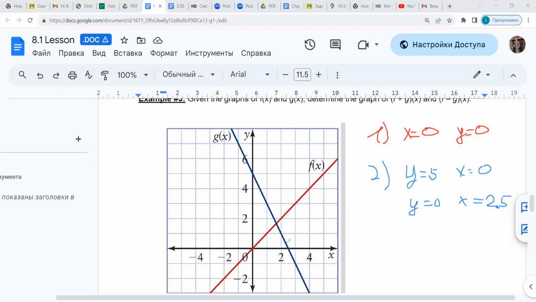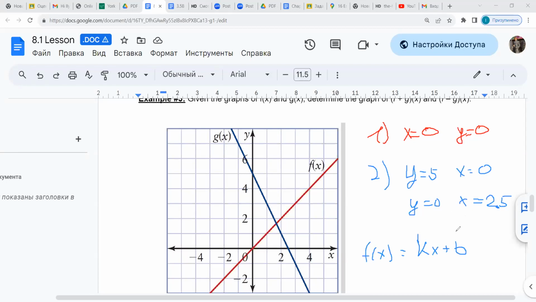Okay. So now we have to remember, how does the linear function look like in general? Any function f of x that is linear is going to have a form of k times x plus b. This is a general form for linear function.